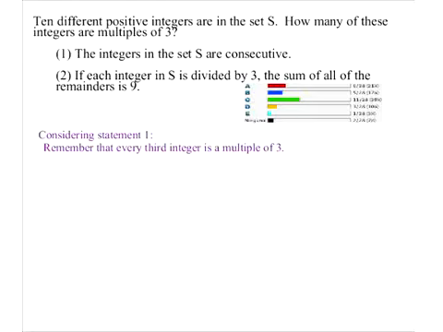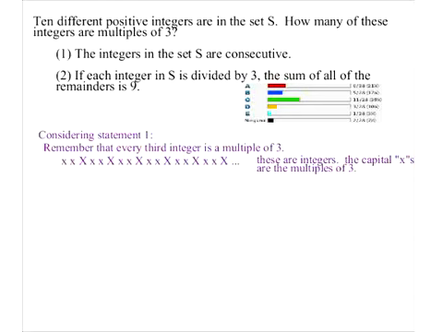So if you want to think about it like this, here's a diagram. Let's say that these are integers and the capital X's are multiples of 3. So we have 10 consecutive integers, and the question is how many of them are multiples of 3.